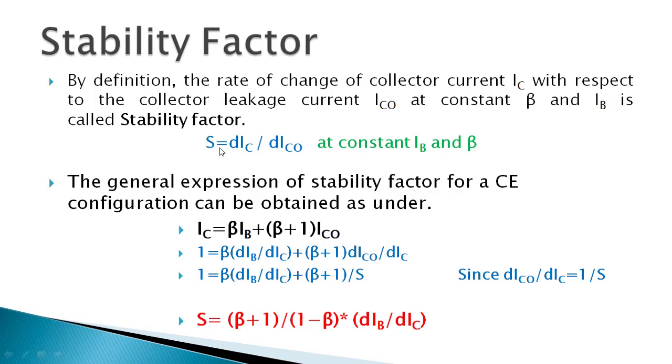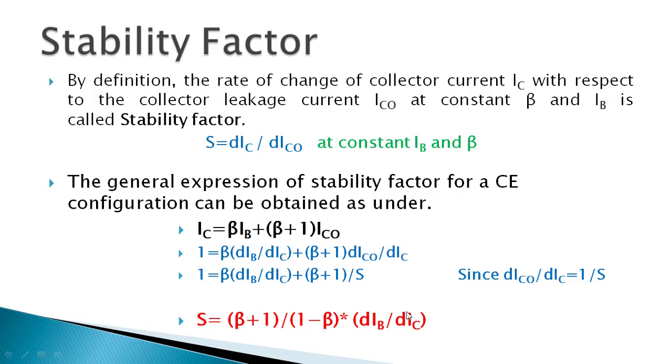So the general equation is S equals dIC divided by dICO. We have the collector equation, called the output current equation of the transistor: IC equals beta into IB plus beta plus 1 into ICO.